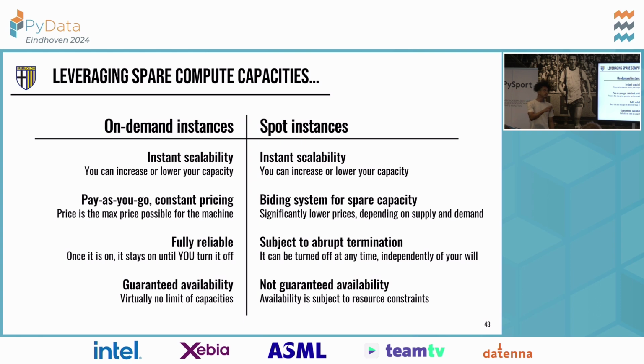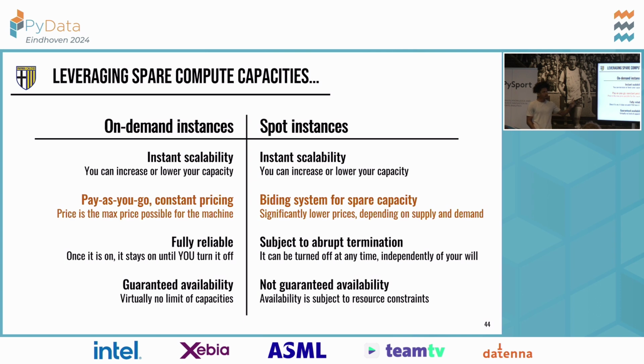If a machine breaks while it was processing a game, the game will not be deleted from the message queue. It will stay in the queue and just be fetched later by another worker. And for the availability, if your bidding price is too low, you just have to increase it a little bit. So you'll pay a bit more, but at least you'll have your games processed.